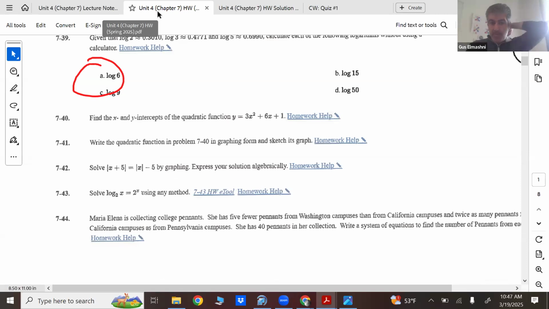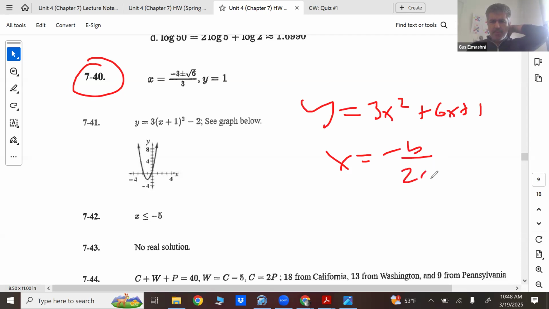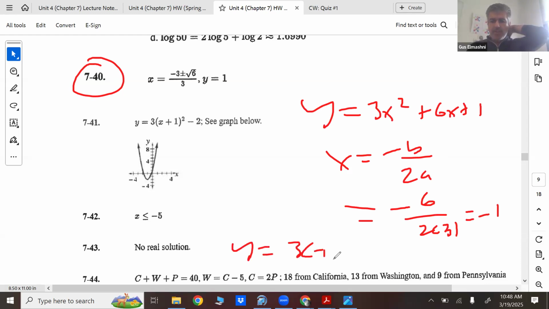To write this in vertex form, so if you have the equation y equals 3x squared plus 6x plus 1, is that correct? You guys remember this? You don't have to complete the square. The y coordinate of the vertex should be easy, which should be -2.